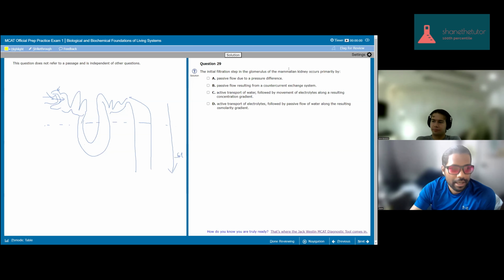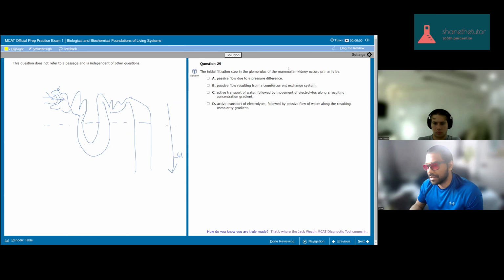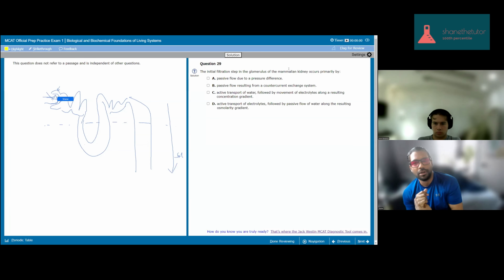But here, we're not having an osmolarity difference. The only reason it's going from the glomerulus into the Bowman's capsule is hydrostatic pressure, which is blood pressure. The pressure is high at the glomerulus, so it forces it through.